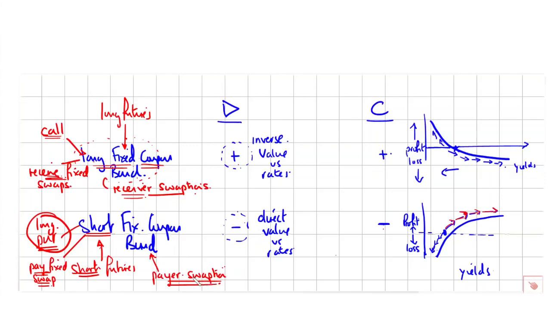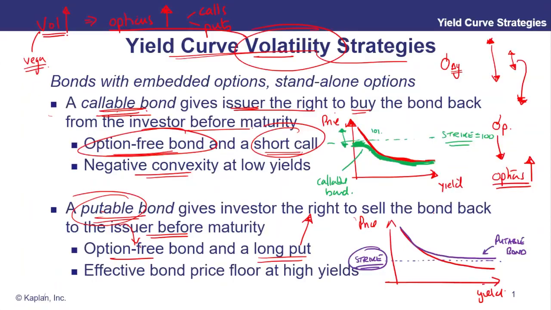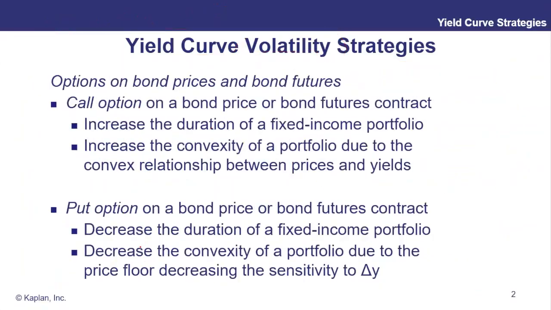I try to get my drone out here and fly up and look down at the big picture, and hopefully that's helped. The slides step through this and agree with what we just saw when we sent up our drone. Okay, with regards to a call option, we said the right to buy will have a positive duration. The right to buy a bond will have a positive duration.